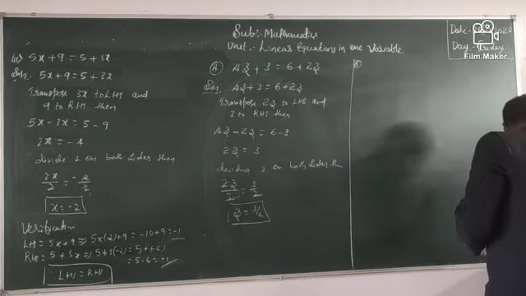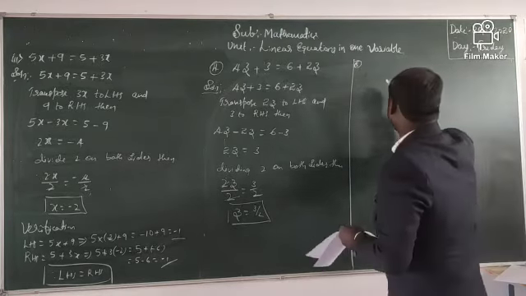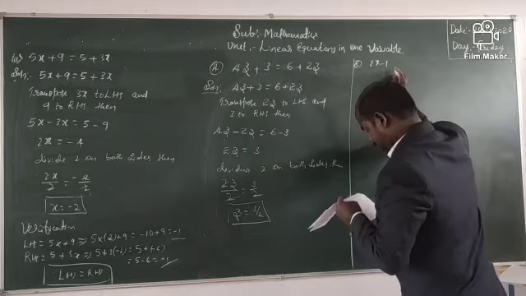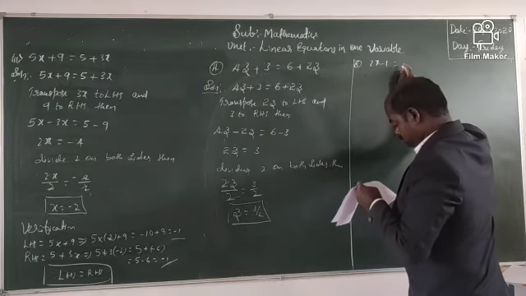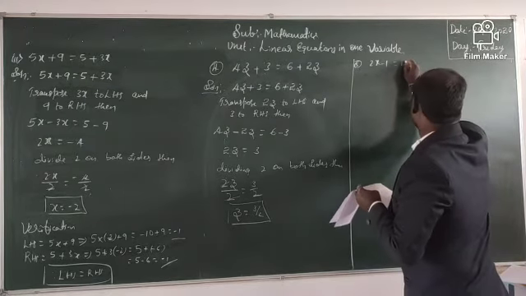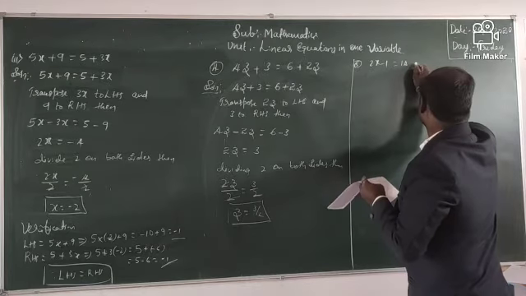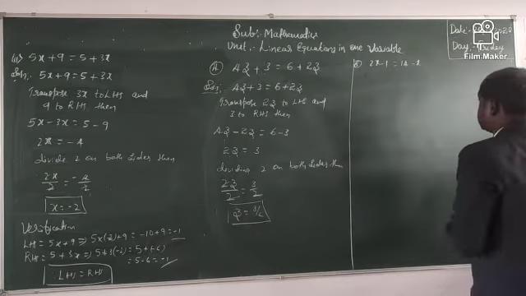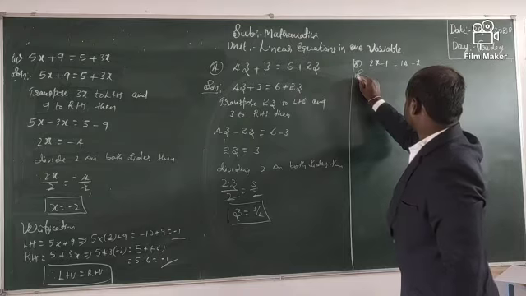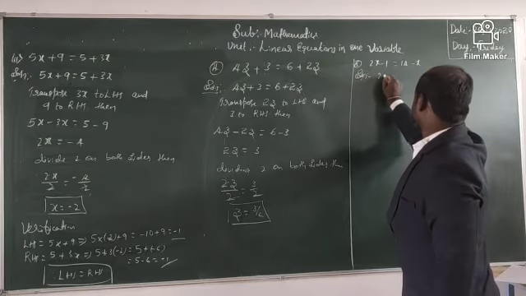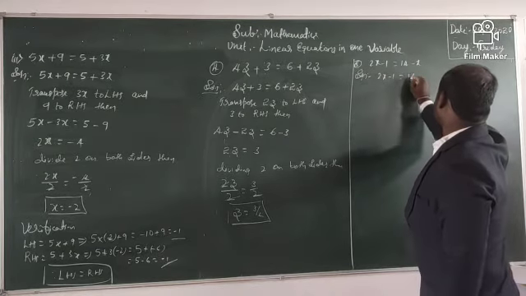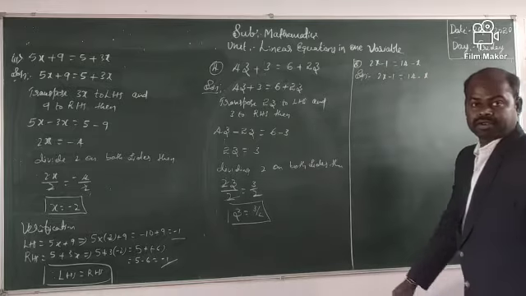Next, 2x minus 1 is equal to 14 minus x. Solution: 2x minus 1 equals 14 minus x.